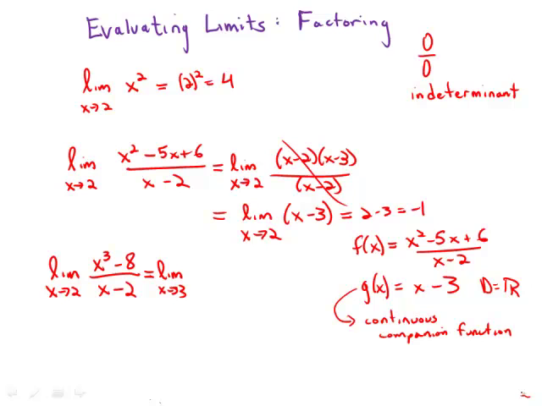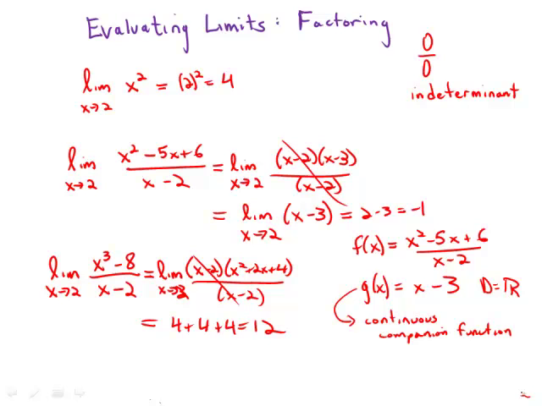Now, you may remember that that factors into x minus 2 times x squared plus 2x plus 4, over x minus 2. Again, it cancels. We plug into the continuous companion function, and what we get is 4 plus 4 plus 4 equals 12.